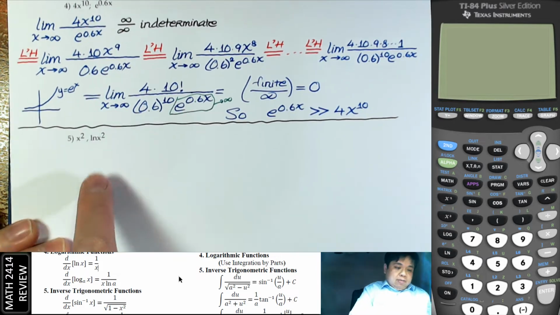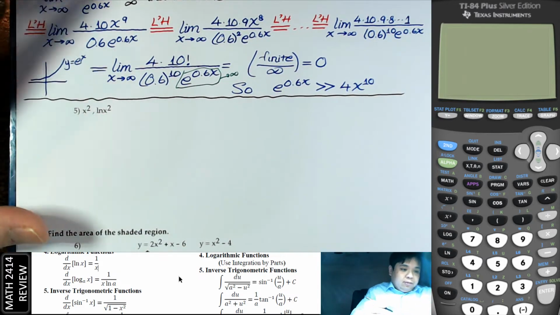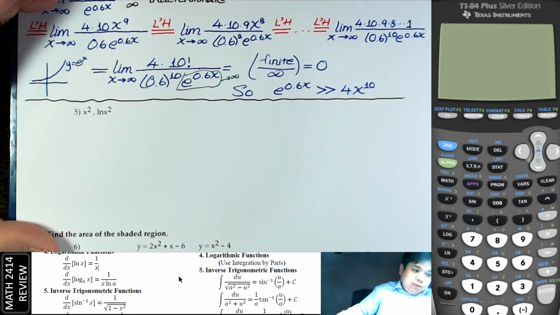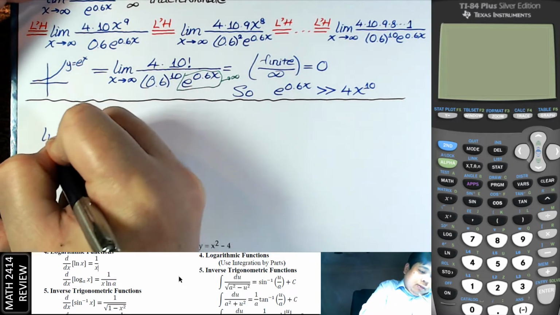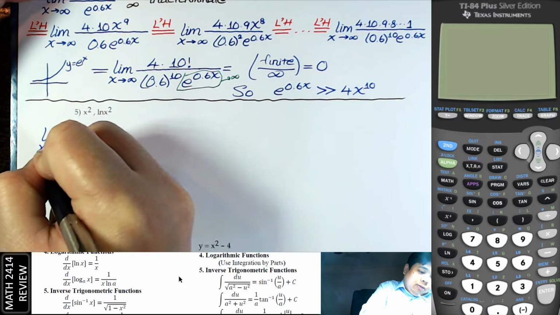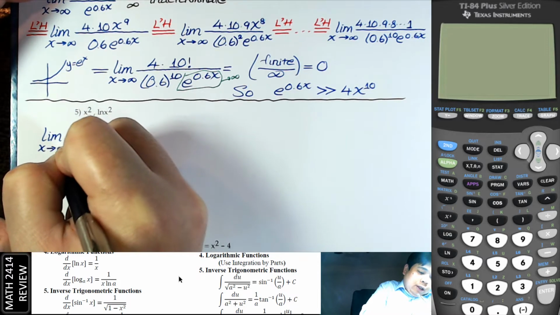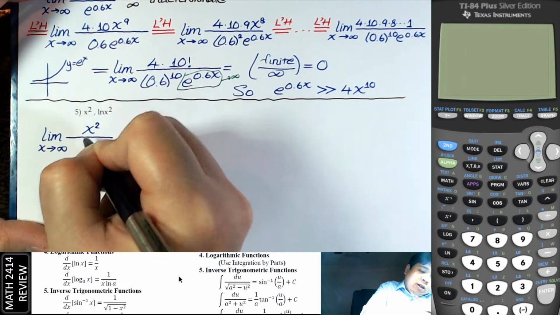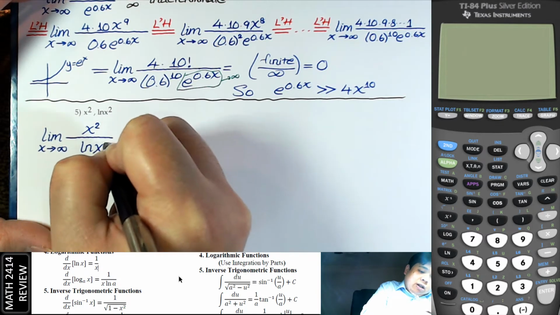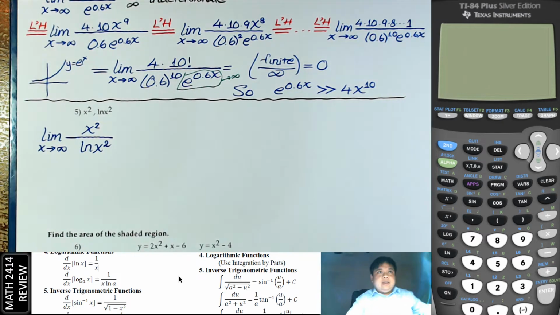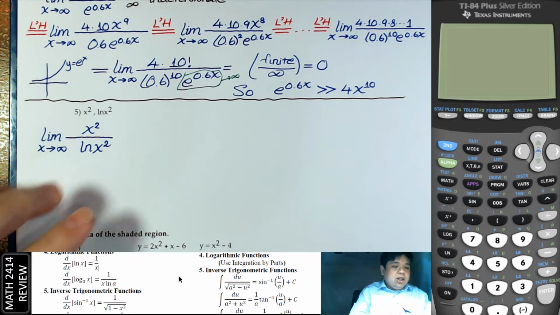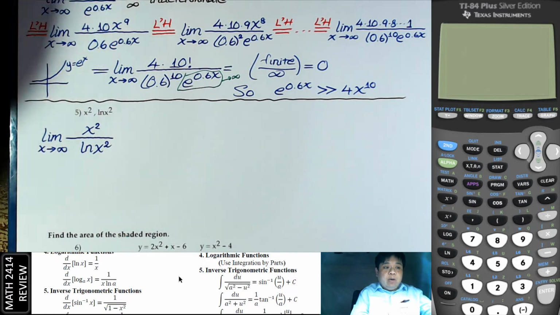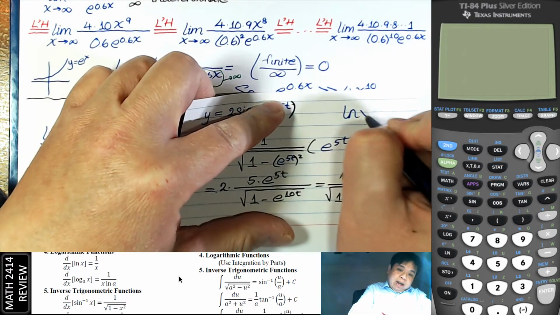Right, next, let's look at this one. So just take one divided by the other. Just keep x squared on top, divided by the ln of x squared at the bottom. Right. Then of course, we use the properties just to simplify this. Notice that this is ln of x squared and not ln of x.